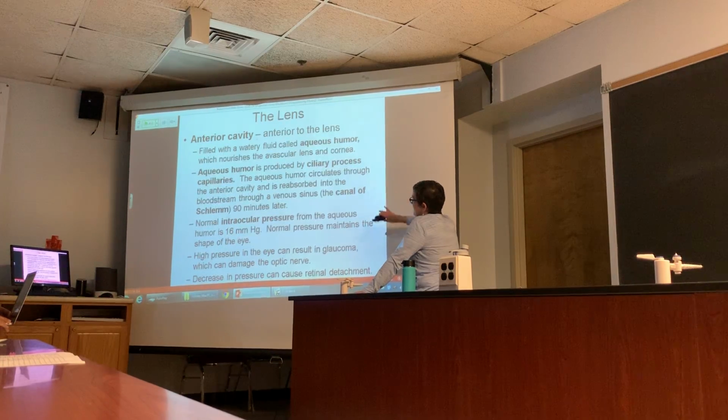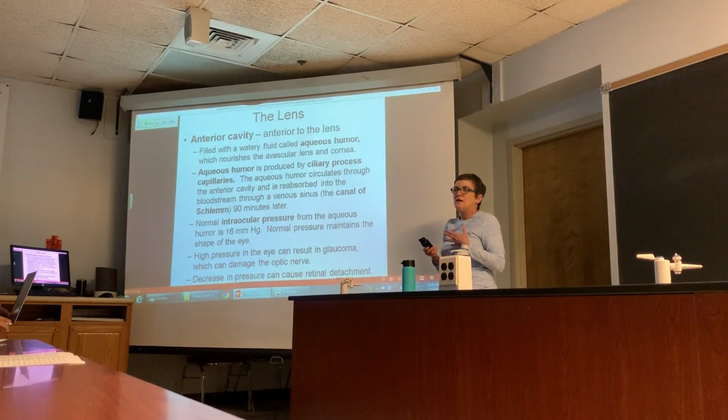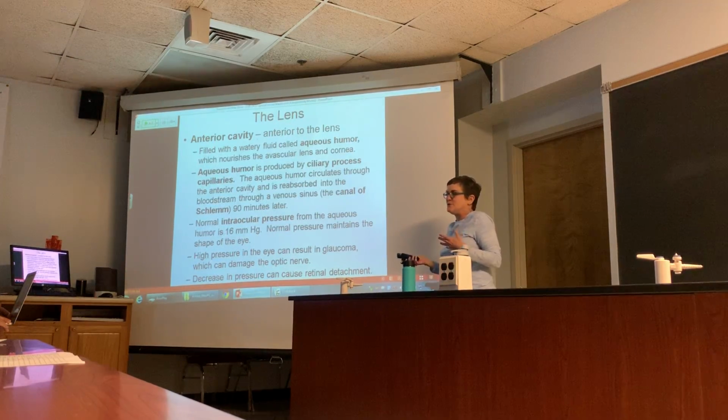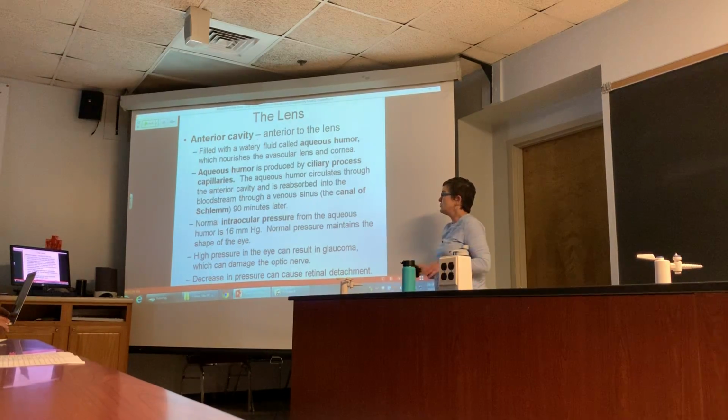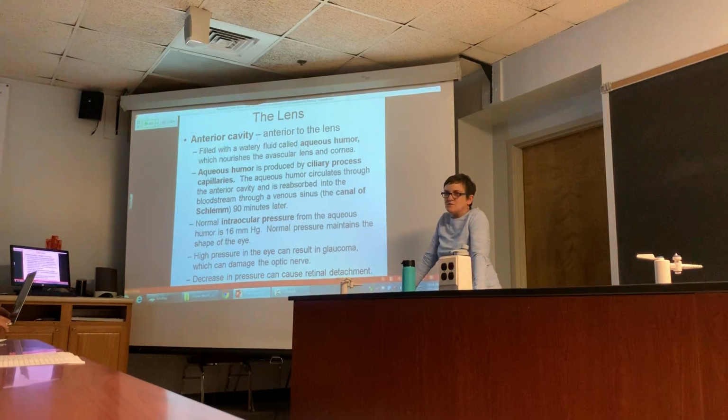Now, it's important that you're producing and reabsorbing that aqueous humor. It's called the aqueous humor, but it's a fluid. You want to produce just the right amount. You want it reabsorbed as well, because if not, it can increase your intraocular pressure. Your intraocular pressure should be around 16 millimeters. There's actually a range that's normal, 16 millimeters of Hg, which is mercury.